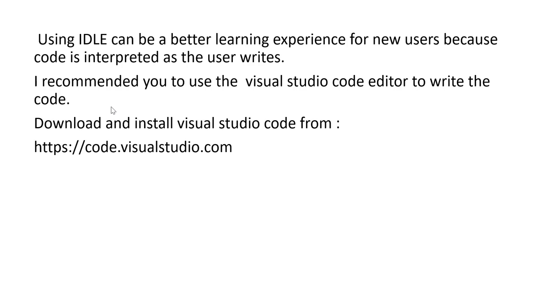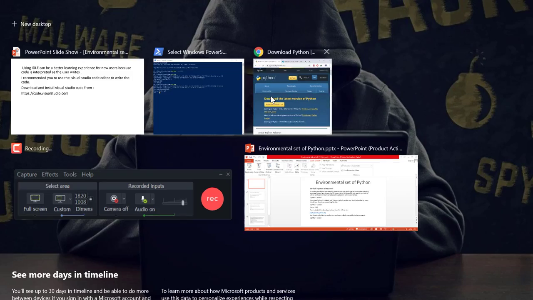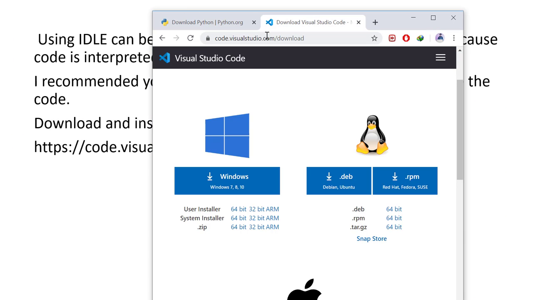If you want to install Visual Studio Code, use this link. Let's see that. You can download Visual Studio Code from code.visualstudio.com/download.